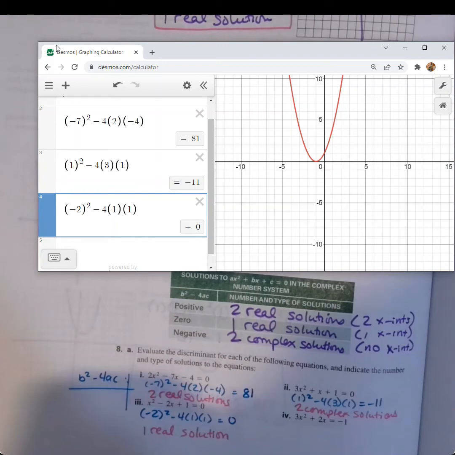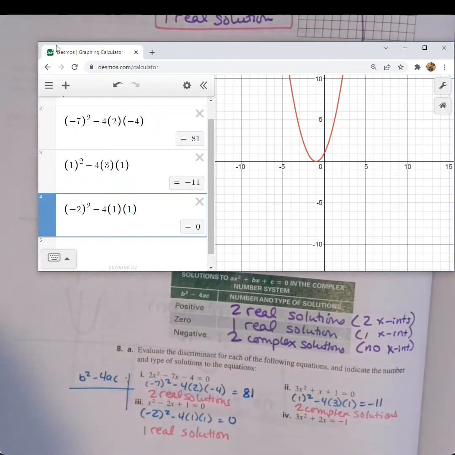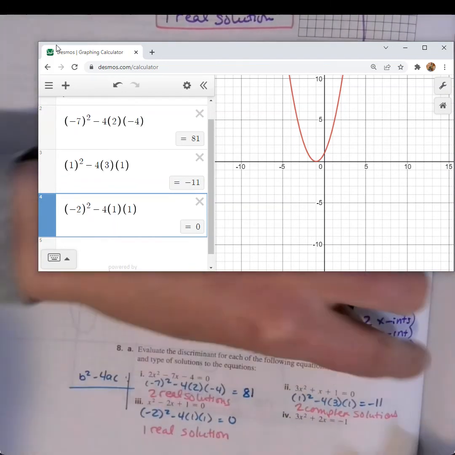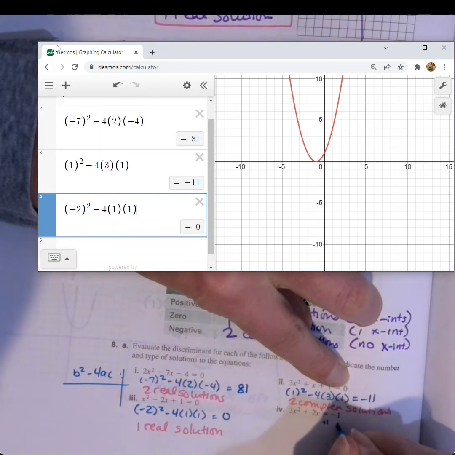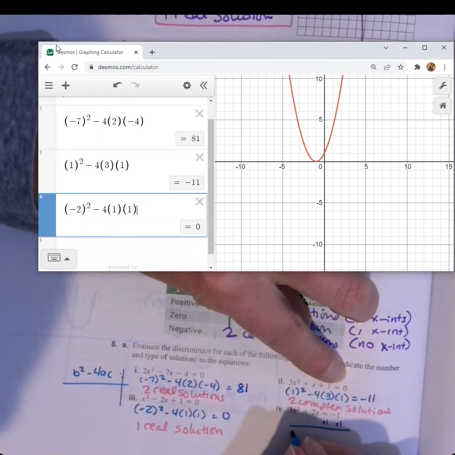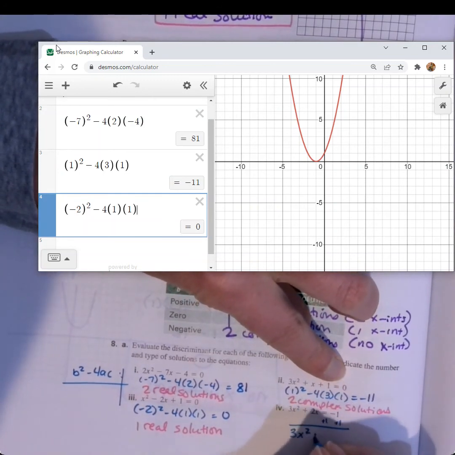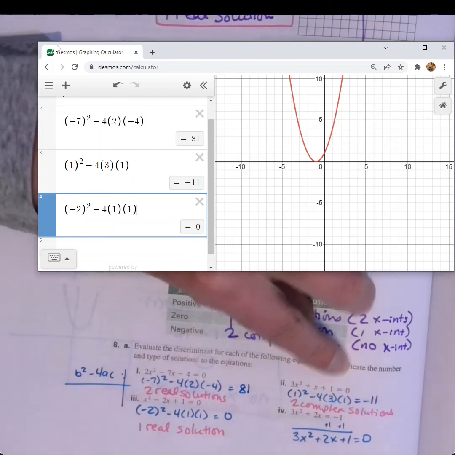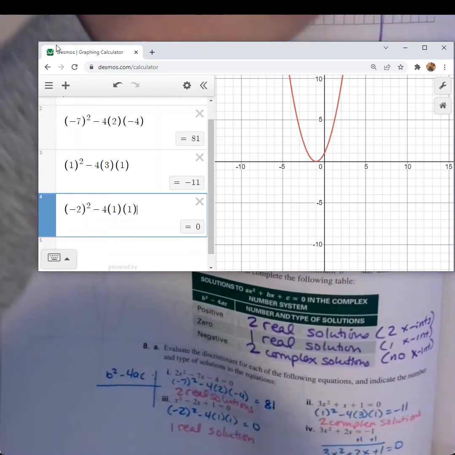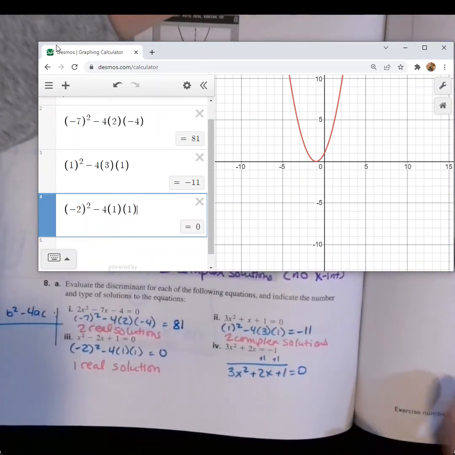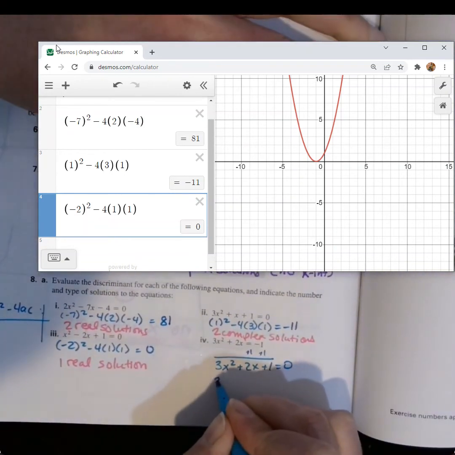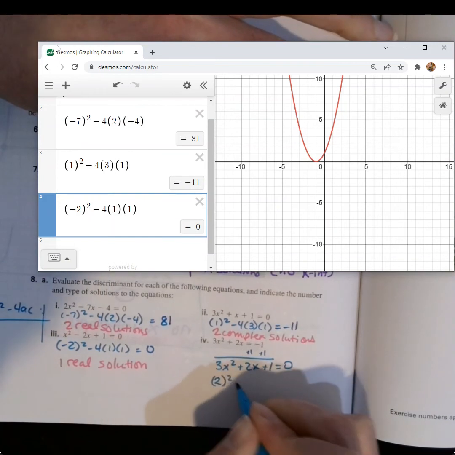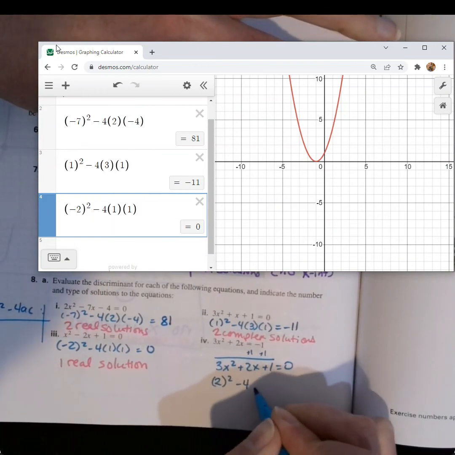And our last one. Oh, they're trying to trick me because it's not equal to 0, so I have to add the 1 over first to get it equal to 0. So I've got 3x squared plus 2x plus 1 equals 0, and I do that before I identify a, b, and c. So now I can do b is 2 squared minus 4 times a, which is 3, times c, which is 1.